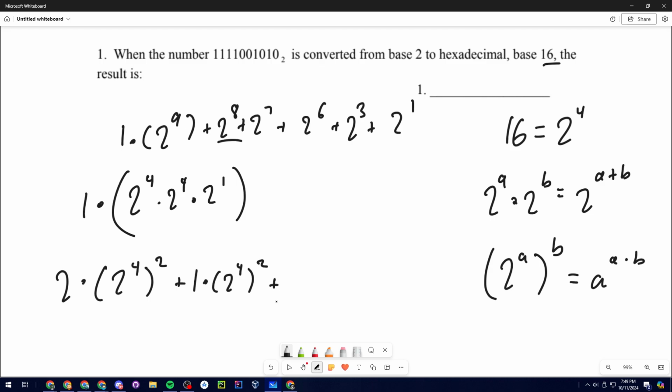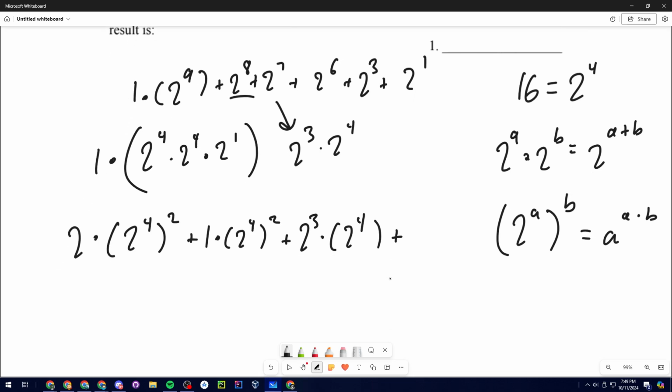For the third one, we can't write it in terms of 2 to the 4th squared, but what we can write is 2 cubed times 2 to the 4th. Similarly, 2 to the 6th is just 2 squared times 2 to the 4th.